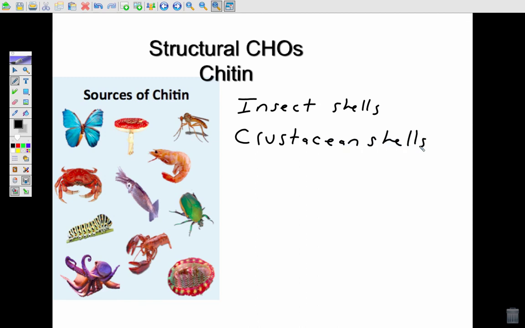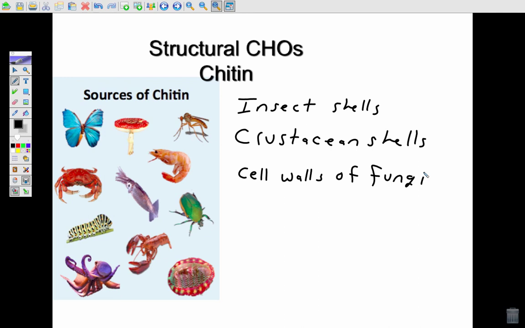So crustaceans are things like lobsters, crabs, and shrimp shells, and also in the cell walls of fungi. So this is one of the reasons why fungi are not considered plants, other than the fact they don't have photosynthesis: instead of cellulose in their cell walls, like they have in plants, chitin makes up the cell walls of fungi.